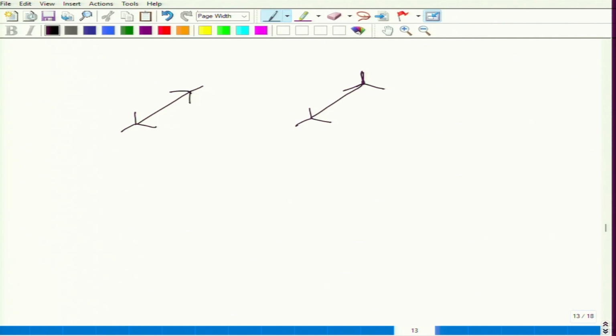This was the eclipsed. So, this is eclipsed, with hydrogen, hydrogen, hydrogen, hydrogen, hydrogen, hydrogen, and the same on the other carbon.